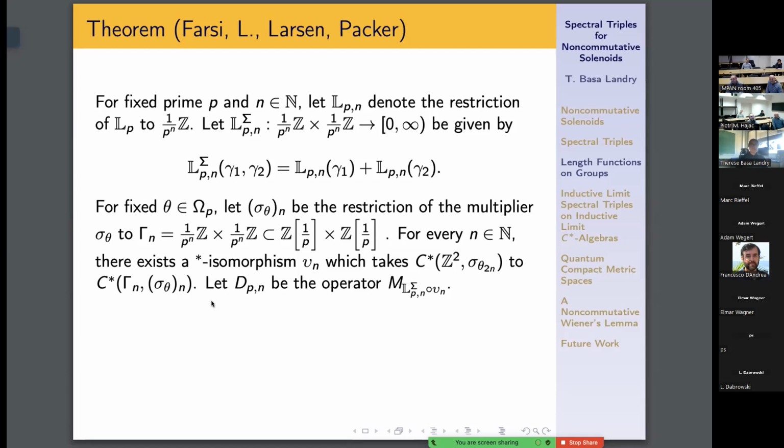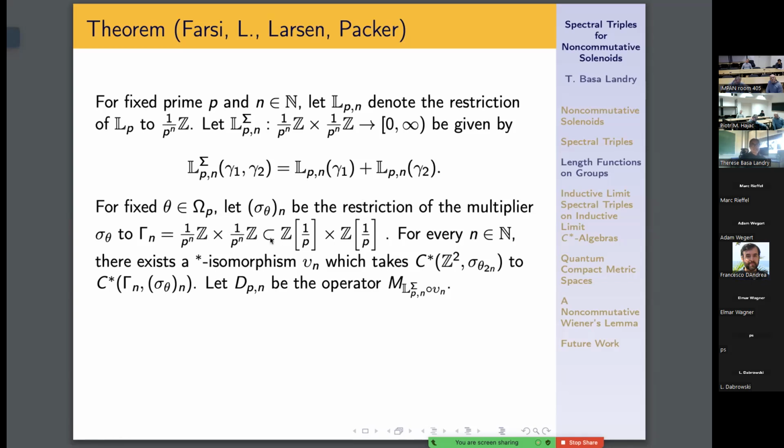So if you take the restriction of, say, L_P to 1 over P to the N Z and define it again similarly with each of the components.